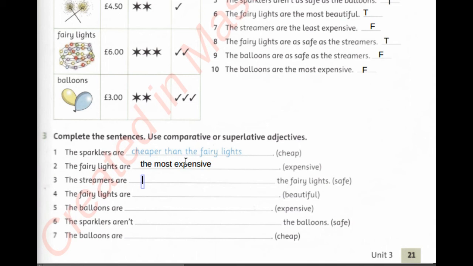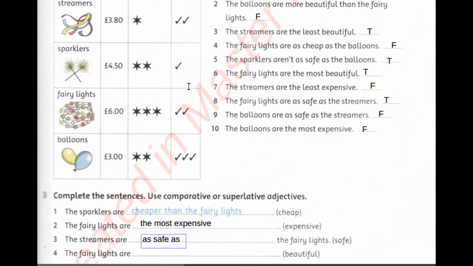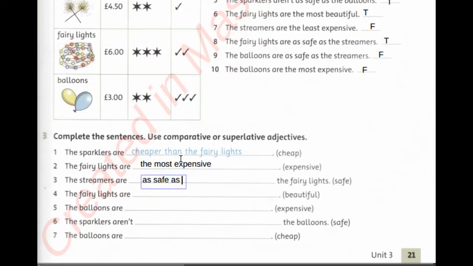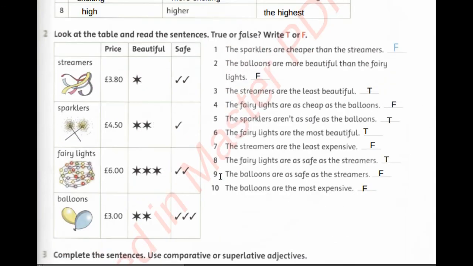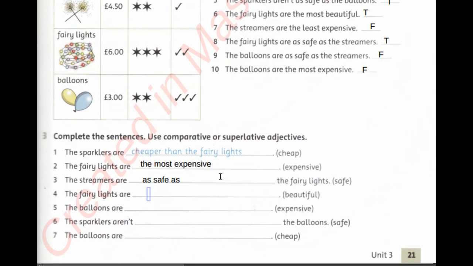The streamers are as safe as the fairy lights. As safe as. Okay. Then we go on to the next one.